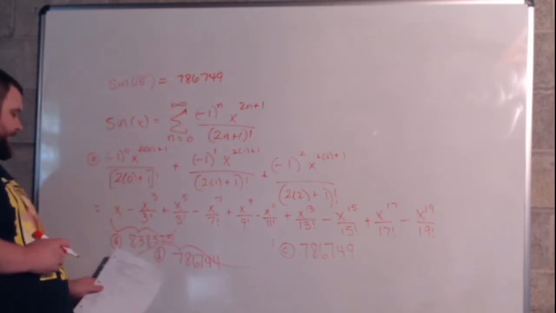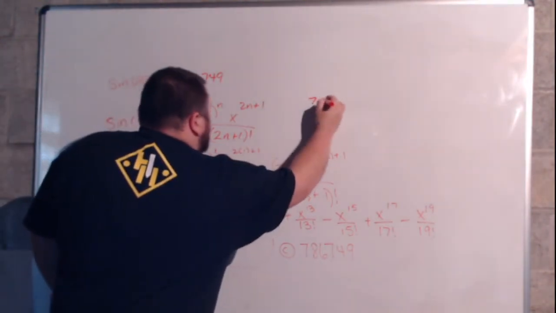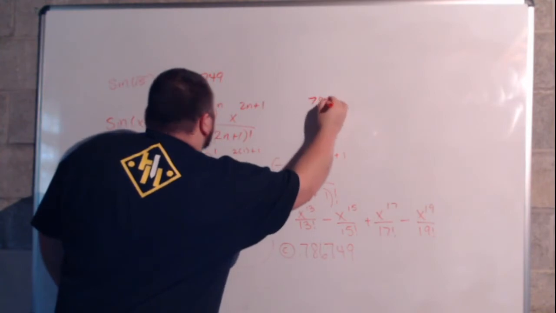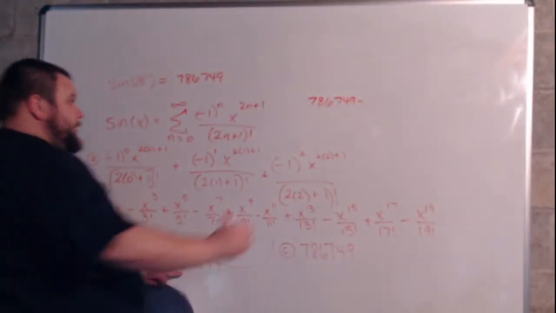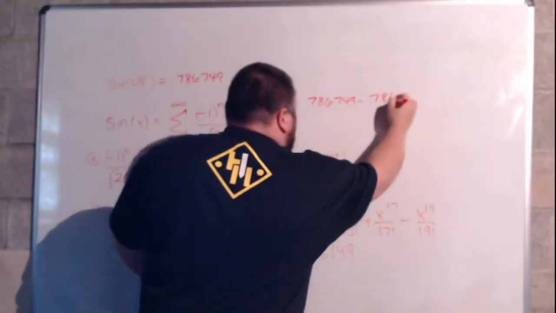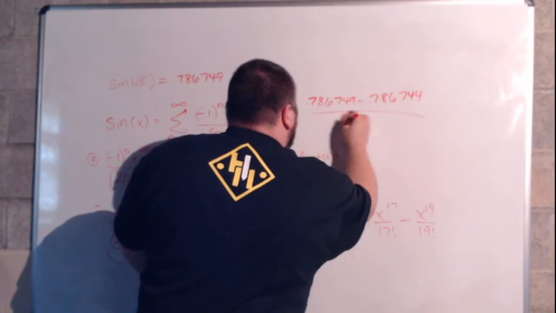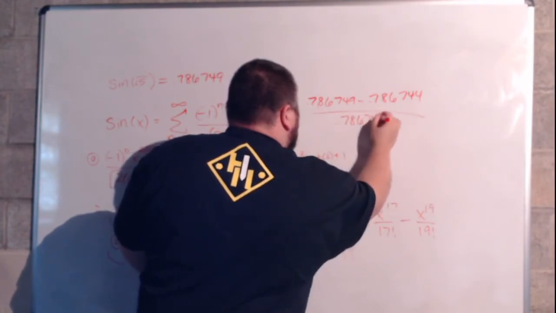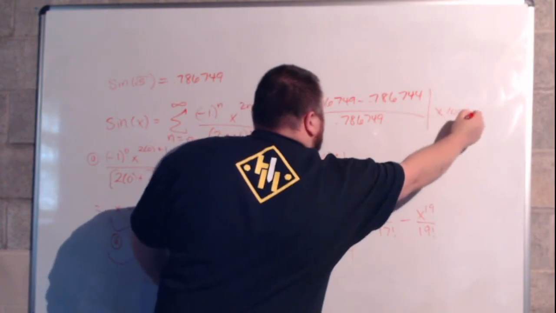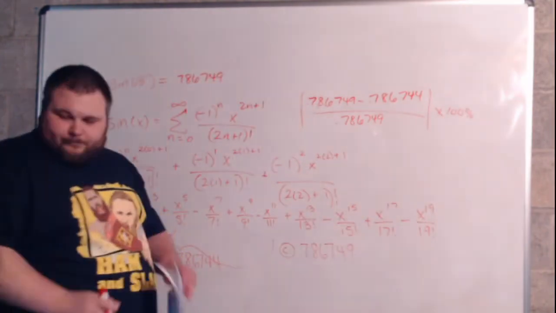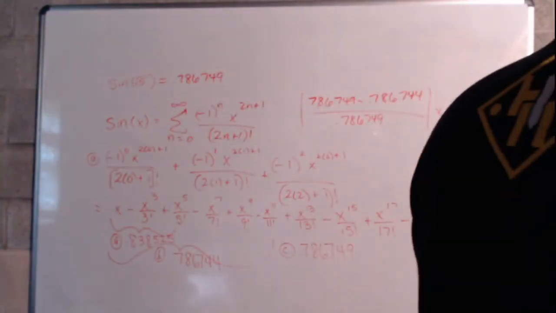So for instance, if we wanted to do B, that would be 0.786749 minus 0.786744 all over 0.786749 times 100%. So any questions about that problem?